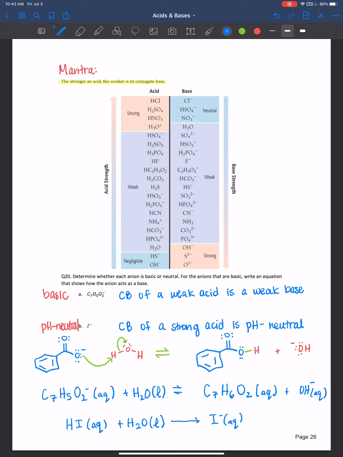You have the iodide plus the hydronium ion here. You weren't required to draw this. You were only required to write the equation that shows the anion acting as a base, right? But we can't show an equation of iodide acting as a base because it will not go back in that direction. And so this is just showing that once hydroiodic acid donates its proton, it's not going back. So therefore iodide is pH neutral.